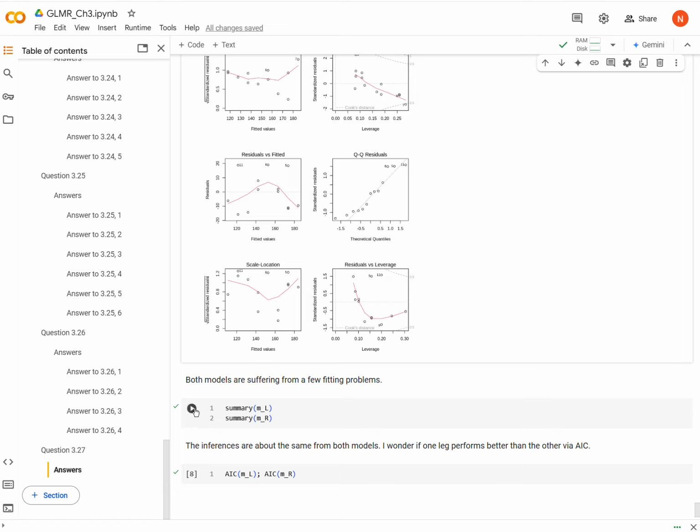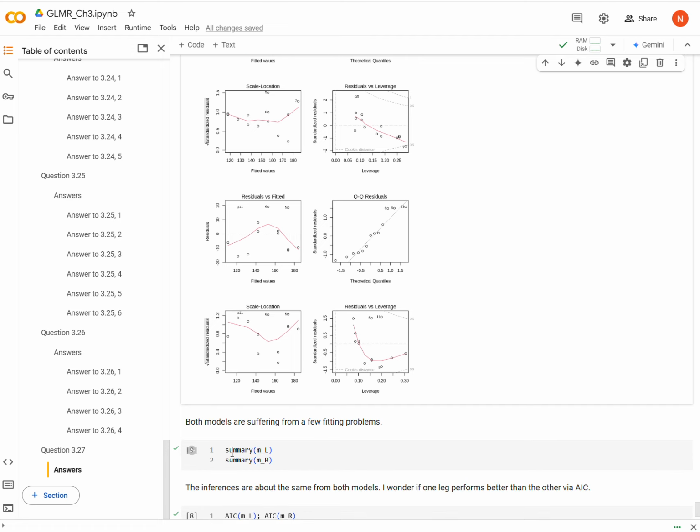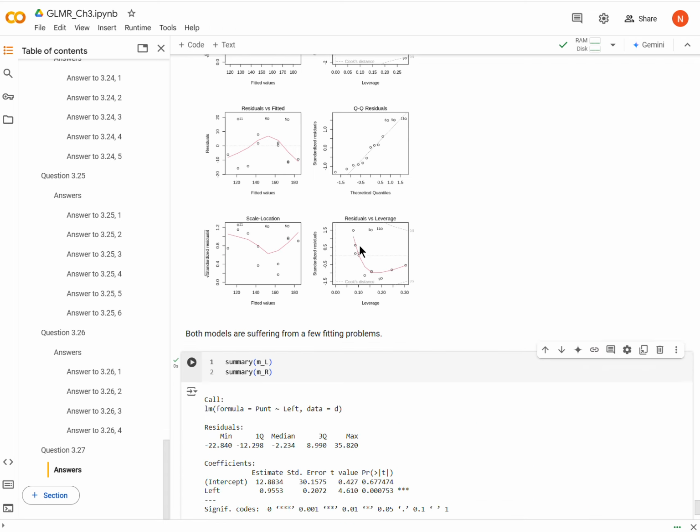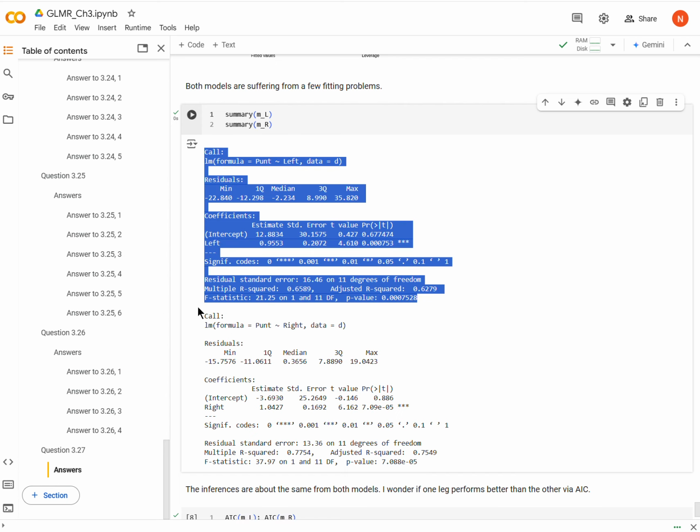So like I said, we're going to come back and omit observation 7, because it may be posing a problem, at least in the left leg regression. Maybe not in the right leg, but we'll just see what happens. Okay. But let's look at the summary outputs of both of these. So right here is for left leg strength.